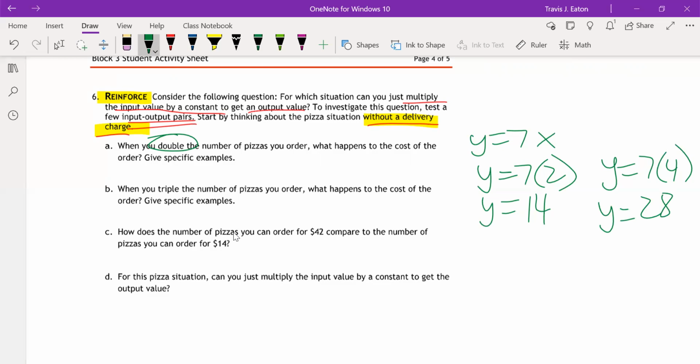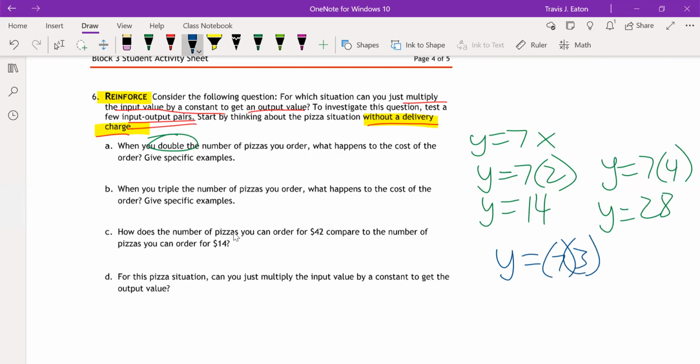What happened to the cost of the order? Did the cost of the order double when we doubled the number of pizzas that were ordered? Looks like it to me. Should we try it again with another number to see if that's the case, or are we convinced? Let's try 7 times 3.